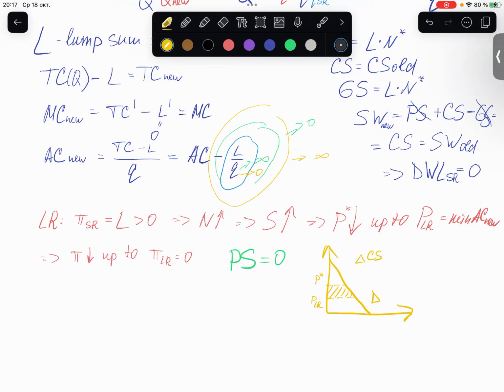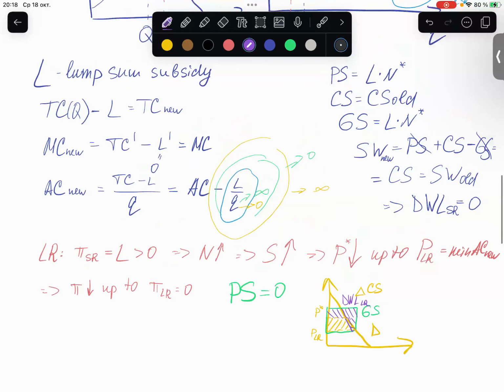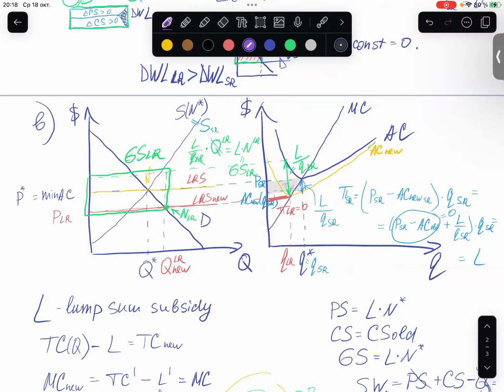But government spendings are too high. These are government spendings. That means, and producer surplus is equal to 0 as before. That means that this part, exactly, is deadweight loss in the long run. So let me show this on the graph. Like this.